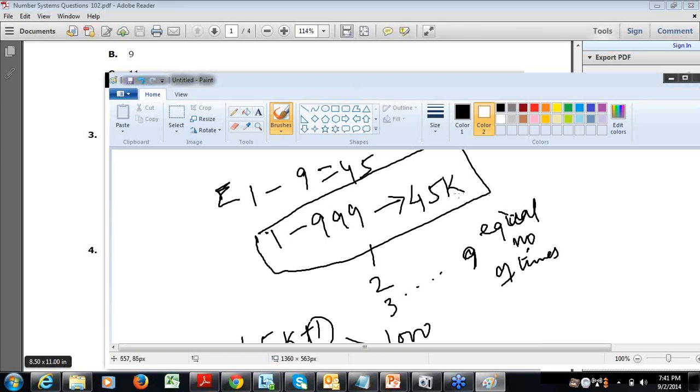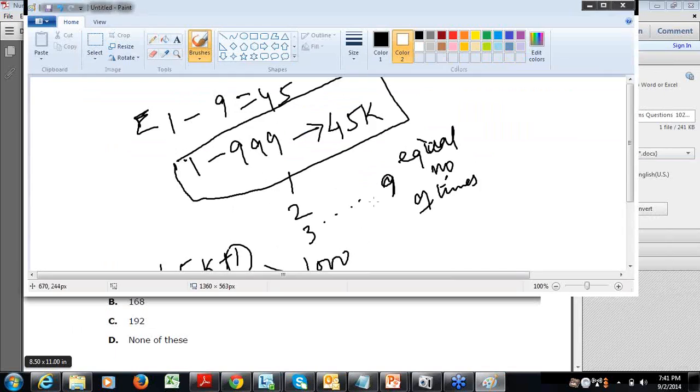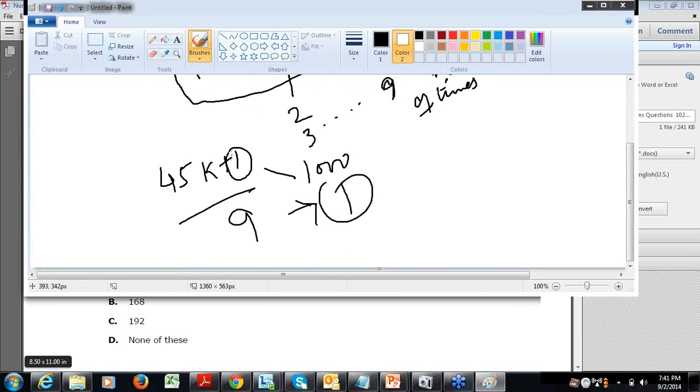So it will be of the form 45k. And the last number is 1000. The sum of digits of 1000 is 1. So it will be 45k plus 1, upon 9.